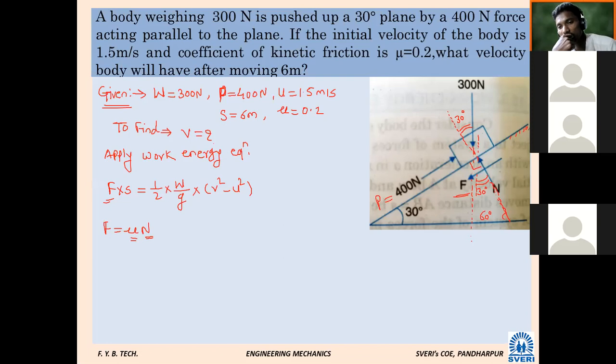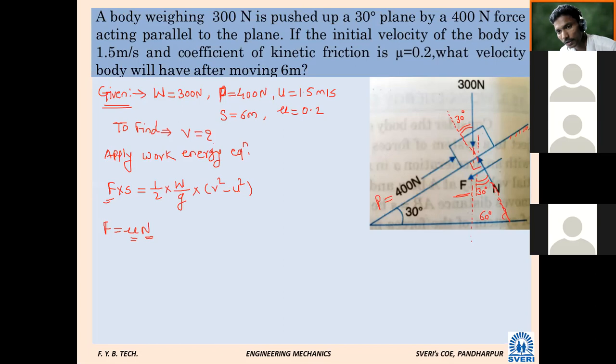We want to find N. The components are 300 into cos 30 and 300 into sin 30.